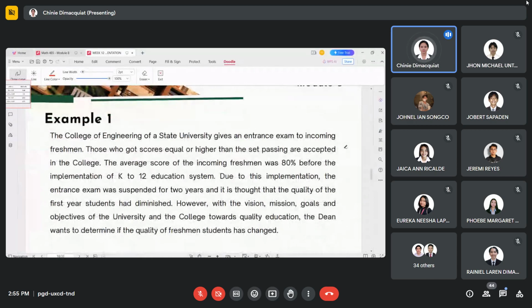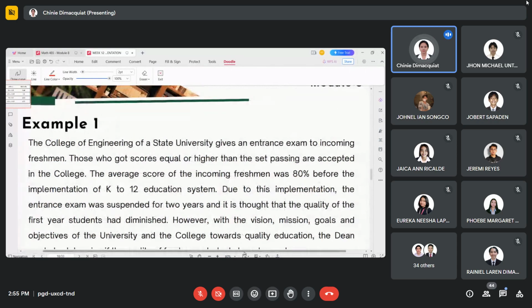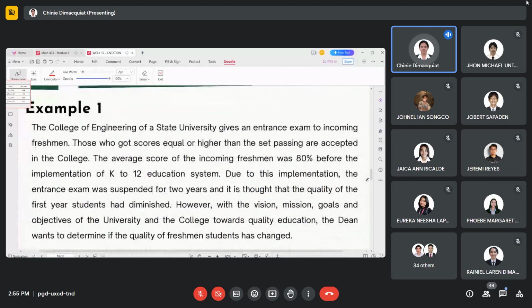Ayan. So the College of Engineering of a State University gives an entrance exam to incoming freshmen. So those who get scores equal or higher than the set passing are accepted in the college. So the average score of the incoming freshmen was 80% before the implementation of K-12 education system.